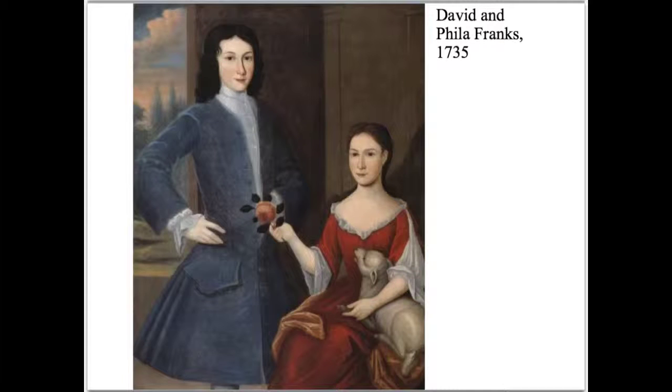Now, if the notion of Americans in the 1700s suddenly feeling more English than they had previously might sound a little ridiculous, I'd like us to look at a little fashion show and think about what the clothes they're wearing, what the postures they're adopting, tell us about how Americans thought about themselves.